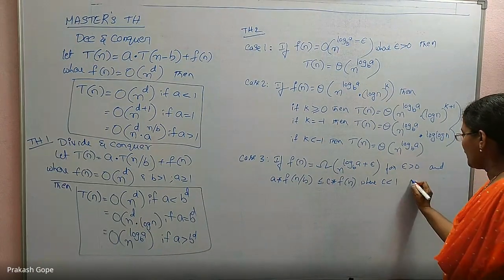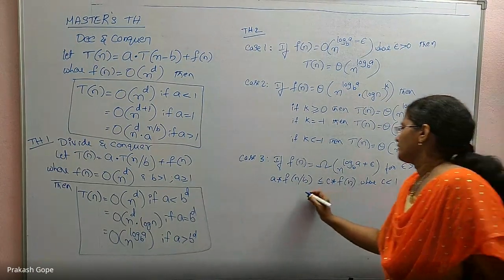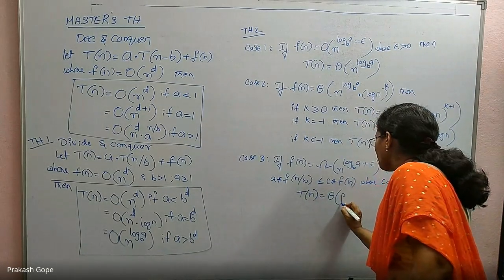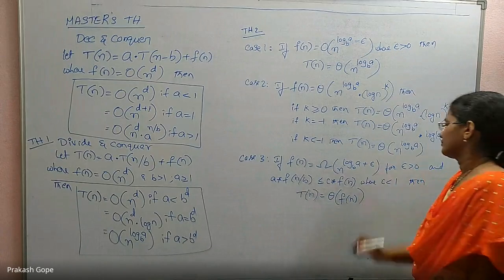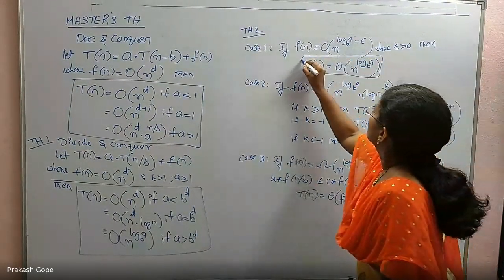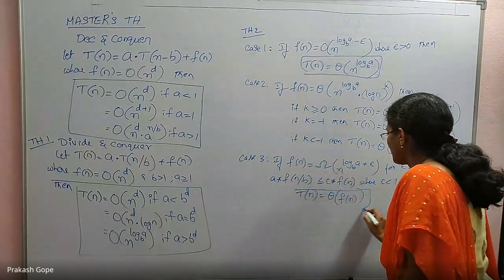Then T of n is equal to theta of f of n. Finally, we are interested in this T of n, but based on a condition, we are giving these answers.